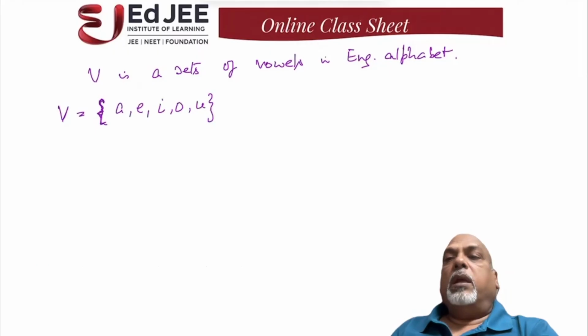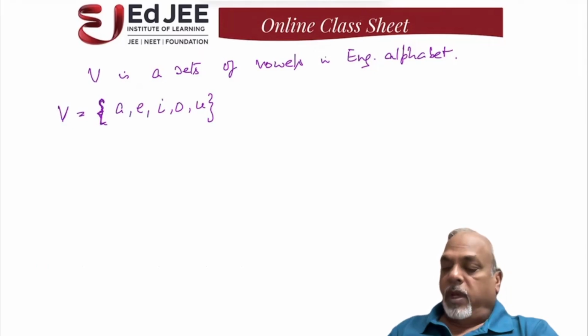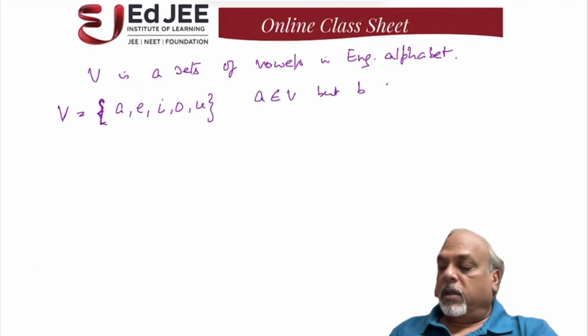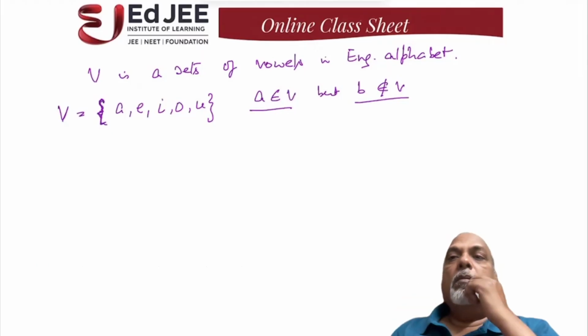So these are the elements of V. So here we can write a belongs to V, but b does not. Correct.